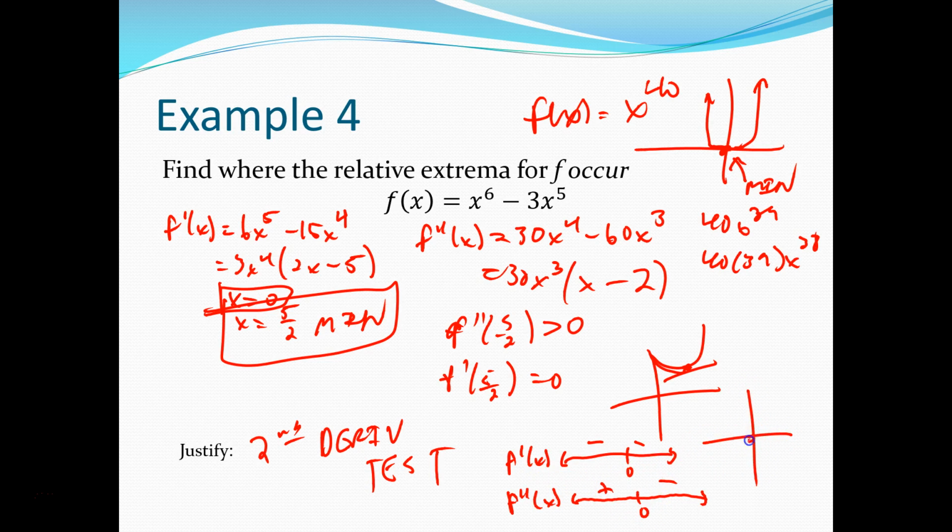So at 0, it goes from decreasing to decreasing, but we go from concave up to concave down. So you have an inflection point that goes through the axis. That's how it's possible that we have a first derivative of 0, but our second derivative is also 0, which means that we might not have a sign change in the first derivative. So you can always show that by using the number lines. Cool.